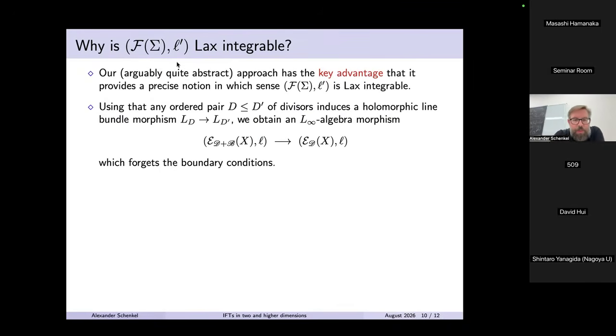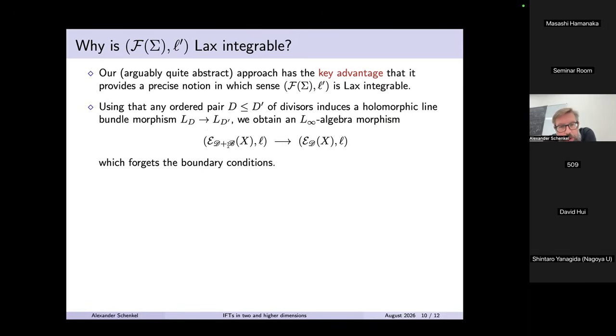So the key observation is the following. When you have an ordered pair of divisors, when you pass to the holomorphic line bundles, every ordered pair of divisors gives you a canonically defined holomorphic line bundle morphism. This is very crucial for what we are doing. Namely, we had not only one, but two L-infinity algebras, the one with singularity structures and boundary conditions, and the one only with singularity structures.